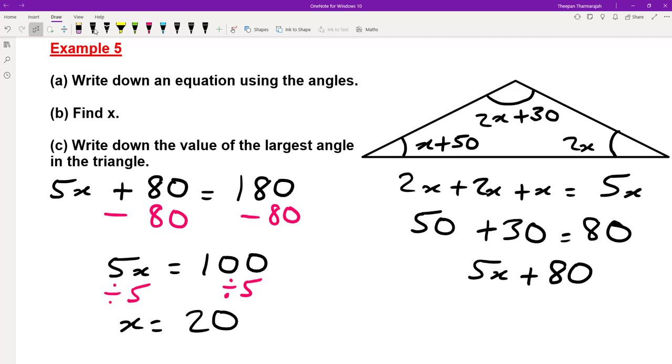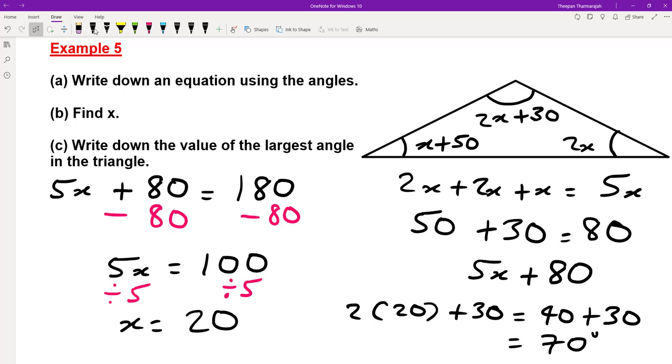But then the question says to solve for the largest angle in the triangle. Now we can see from our diagram here that 2x plus 30 is the largest. So we do 2 times 20 plus 30, which gives me 40 plus 30, which gives me 70 degrees, is the largest angle in the triangle.